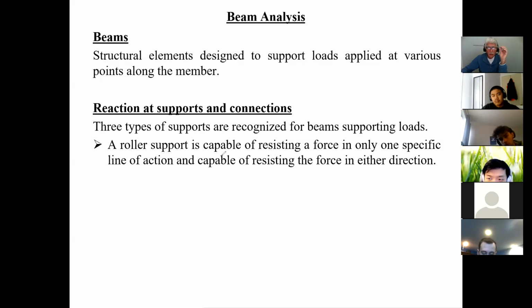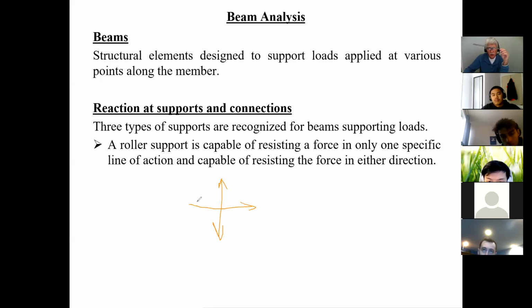Do you believe that at a support, the thing can displace up and down? Do you believe that's one possible displacement? In other words, do you believe that this thing can go up and down? Yes, sir. Okay, so at a support, you can have a displacement that goes up and down. So that's one direction. Do you believe that this thing can also go back and forth? So that's another direction. So that's two directions.